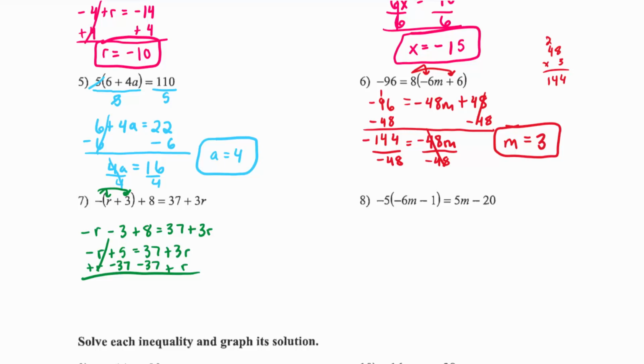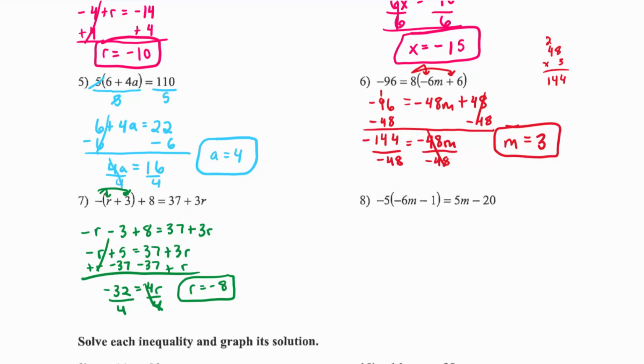Oh, I guess no matter what, you end up with a negative here. Subtract the 37, so you get -32 equals 4r. So then divide both sides by 4 and get a -8 as our answer.